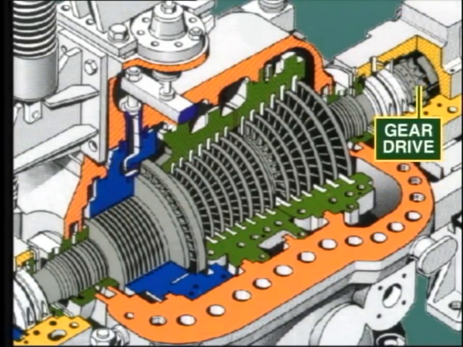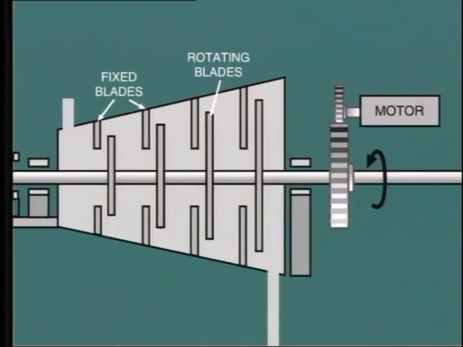In addition, at this end of the shaft, we will often find a large gear drive, which engages with the turning gear. As we'll see later, the turning gear allows us to rotate the rotor at very low speed, say 1 RPM, without having steam pass through the machine. This is used during shutdown to ensure even cooling and so prevent distortion of the rotor.